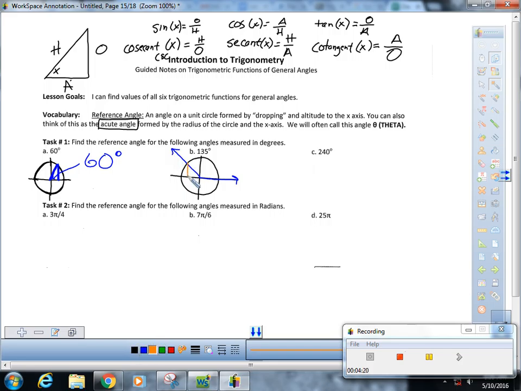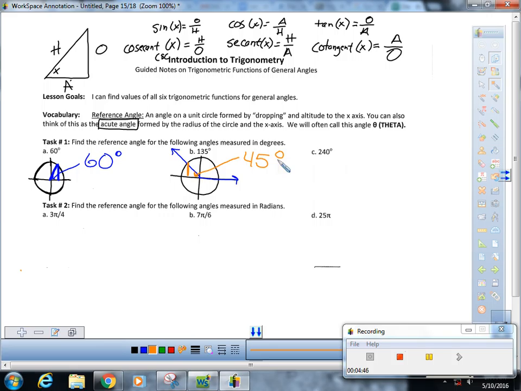And then you drop it right down here. This thing right here is the acute angle formed between the radius and the x-axis. What's the measure of it? It's 45 degrees, so that's our reference angle. Okay? The acute angle formed between the radius and the x-axis. It's got to be the acute one.